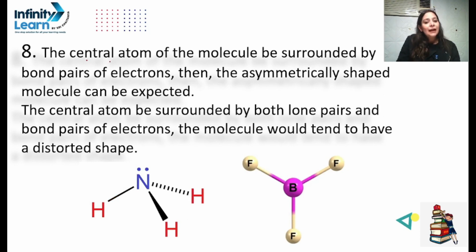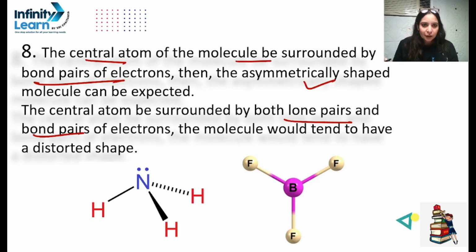Now if the central atom of a molecule is surrounded by all bond pairs, then a symmetrical shape of the molecule can be expected. But if it has lone pairs and bond pairs, then there would be lone pair-bond pair repulsion along with bond pair repulsion. So the molecule would tend to have a distorted shape.